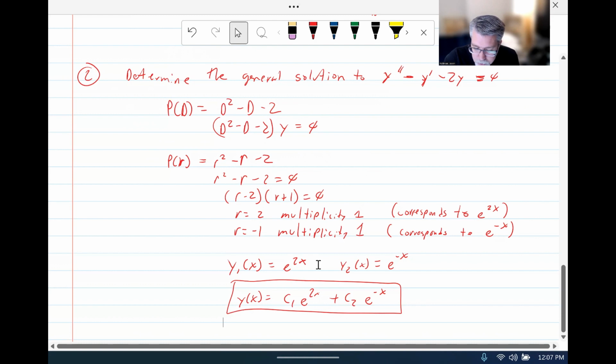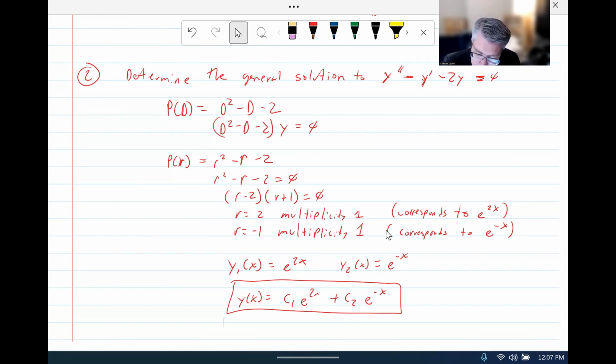Once I find my roots, depending on the multiplicity, I make those my exponents, and then just plug it in to get a general solution.